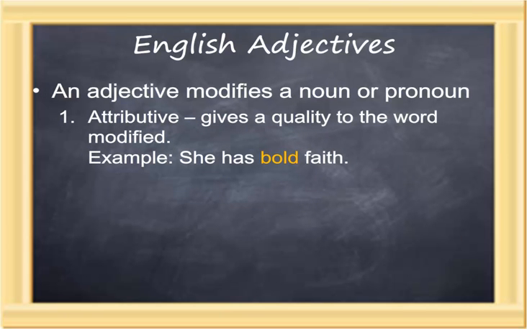In English, the adjective modifies a noun or a pronoun. It can do so as an attributive, that is, giving a quality to the word modified. For example, she has bold faith. The word modified is faith, and bold gives you part of its quality.